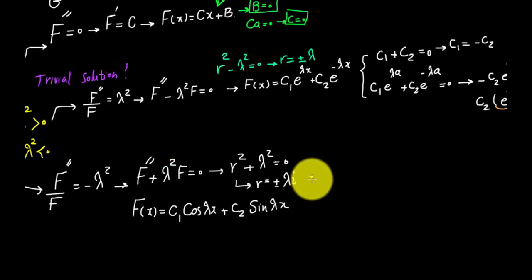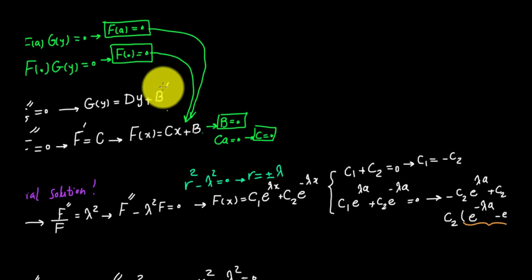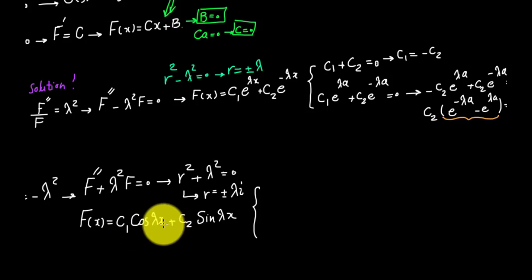So we can plug x equal to 0 because this is x, and we have to get 0. So if I plug x equal to 0 into this capital F, it becomes C1 times cosine of 0, plus C2 times sine of 0, and we know sine of 0 is 0, so that would disappear, and we will end up getting C1 equal to 0.